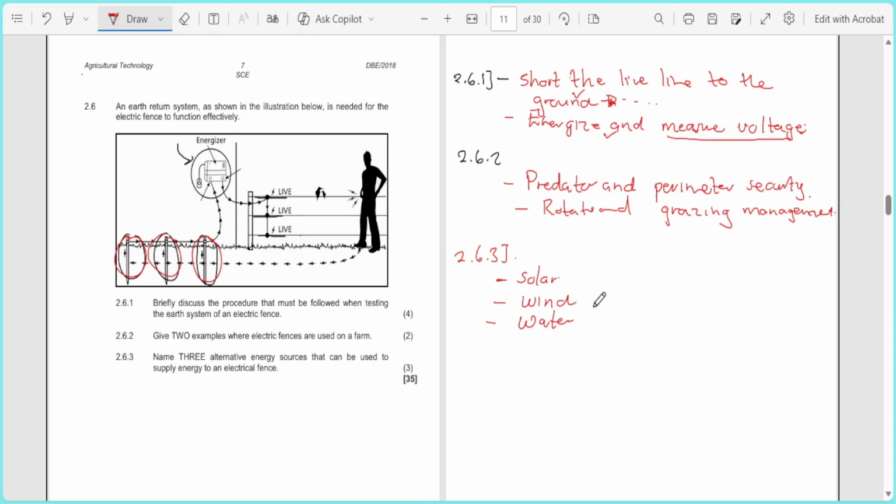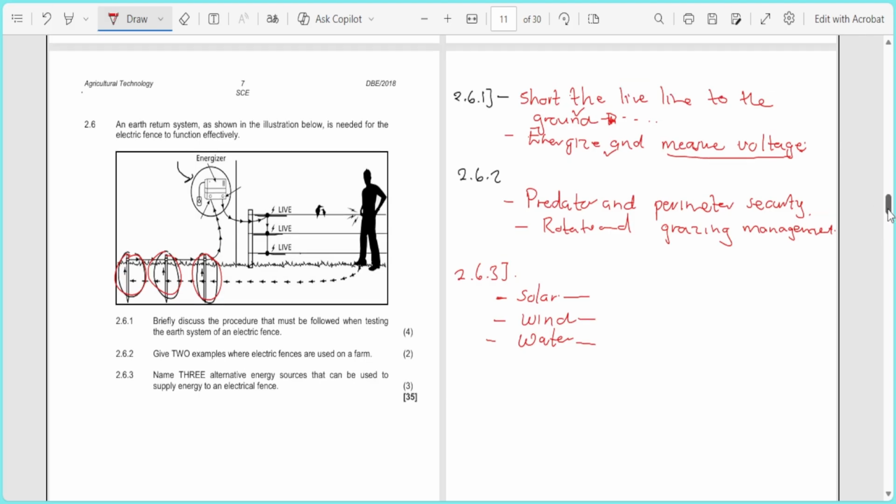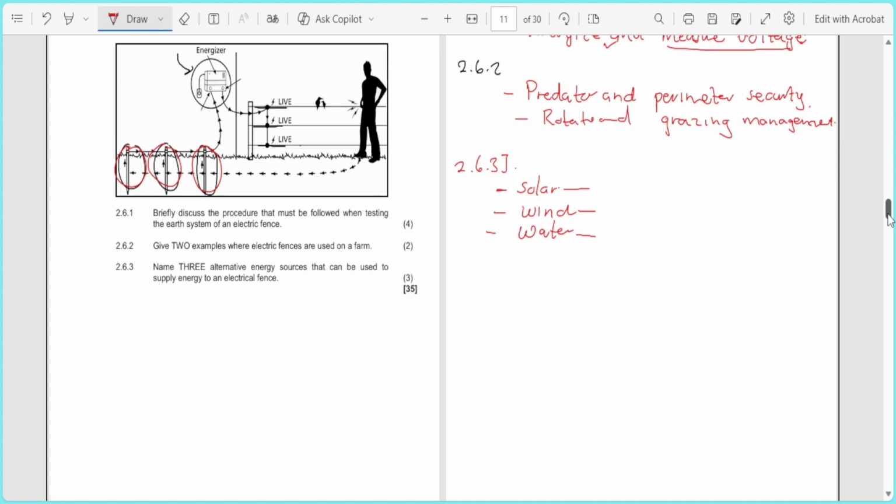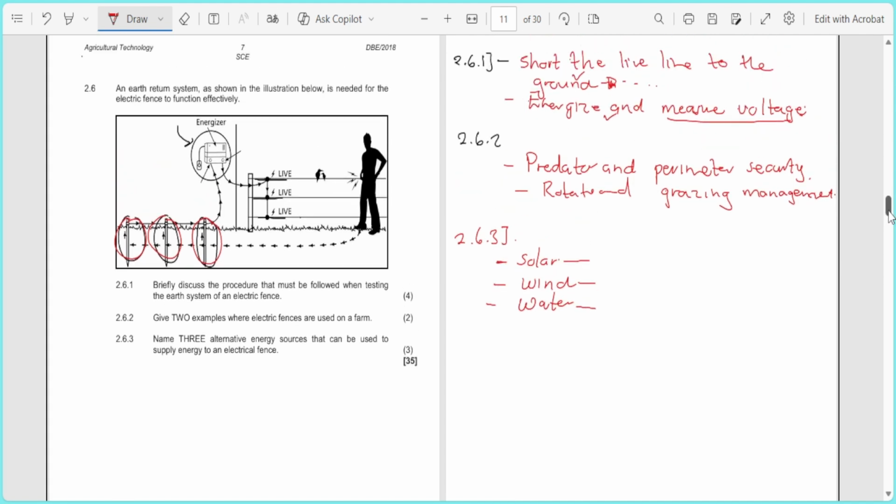This is appropriate for such cases. So another option would be water. A turbine that is operated by wind can also be used. Solar requires the sun. So these are the 3 options that I can think of right now. So this is our 35 marks for question 2.